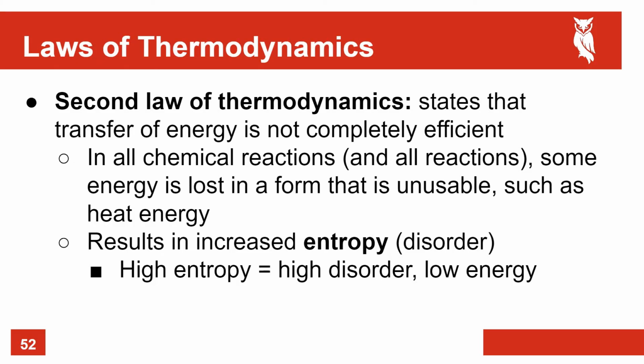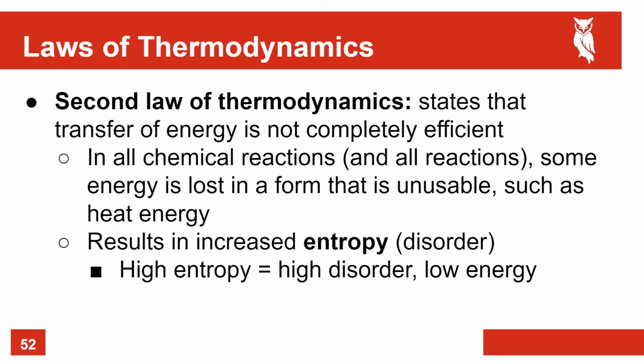In all chemical reactions, some energy is lost in a form that is unusable, such as heat energy. This results in increased entropy or disorder. When you think of the opposite of order, that would be entropy. If you have a system that has high entropy, high disorder, it will typically have low energy.